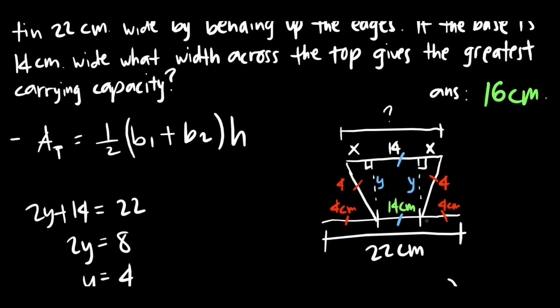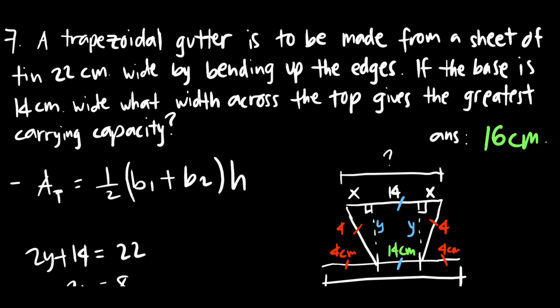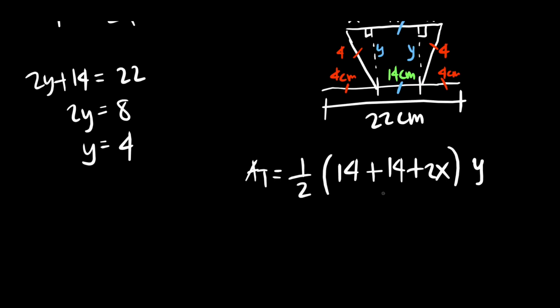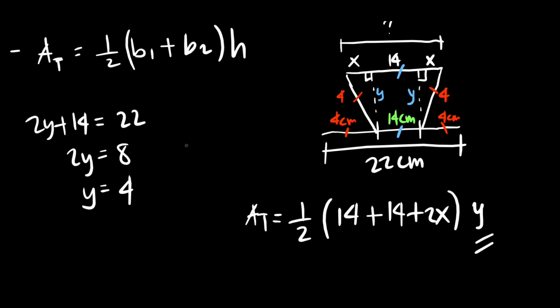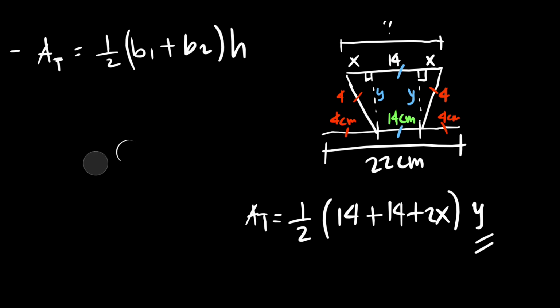But for the area of the trapezoid to be maximized, we need to relate y to x. So how do we do that? By the triangle, by the Pythagorean theorem. This triangle here, we'll just erase the rest.